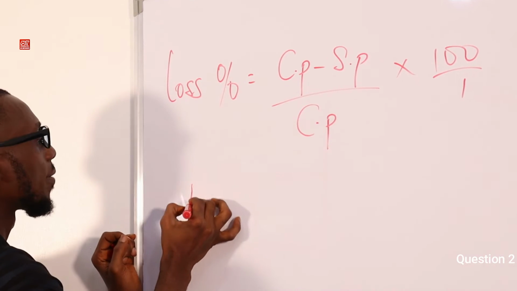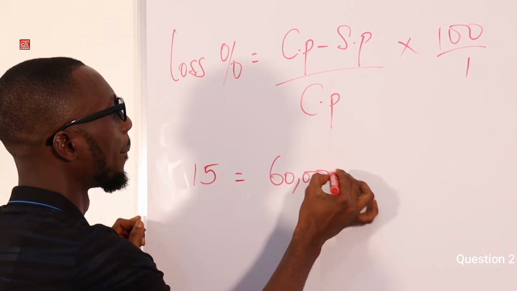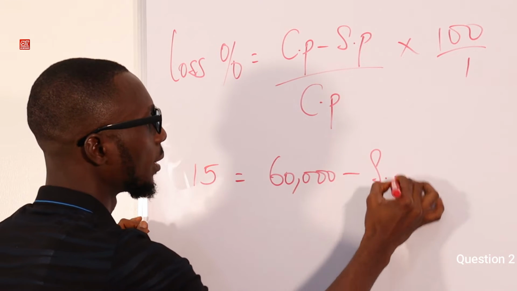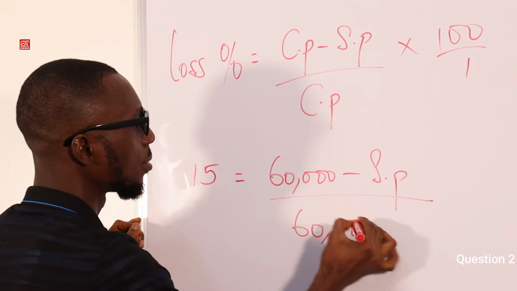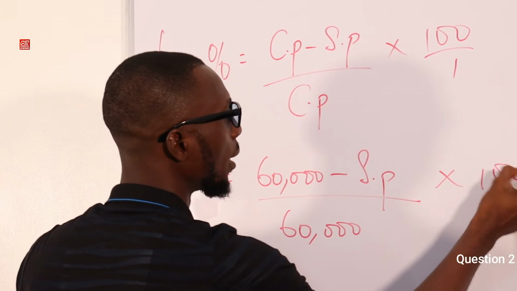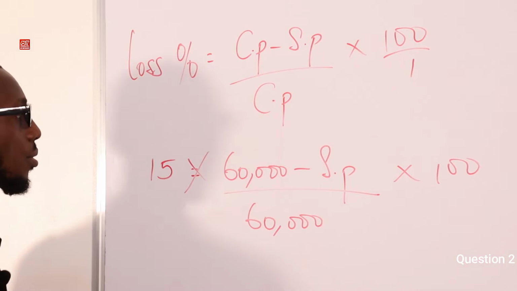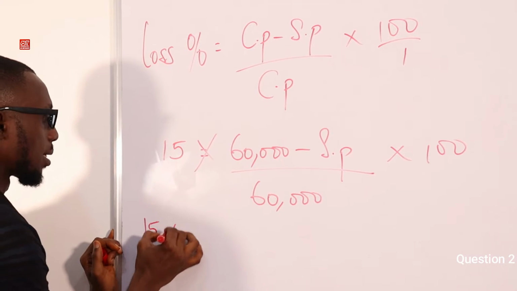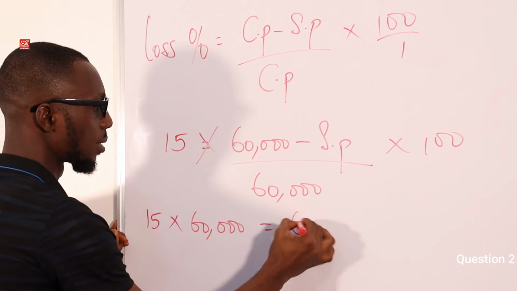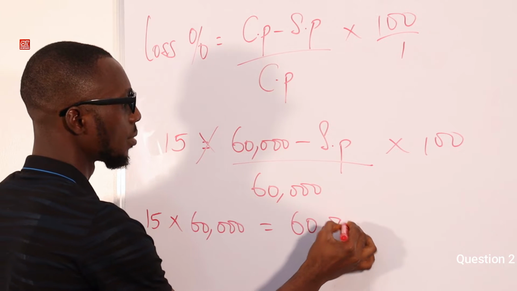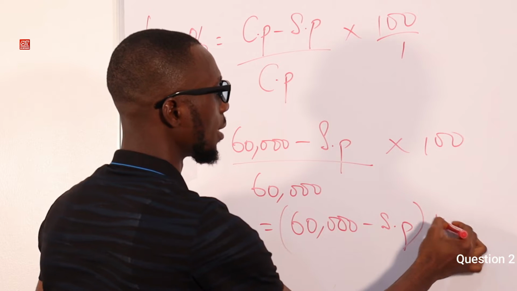The loss percent is given as 15. The cost price is 60,000. We are looking for the selling price. So we have 15 over 100 times 60,000. We can cross multiply. So we have 15 times 60,000 equals 60,000 minus SP, remember this is times 100.